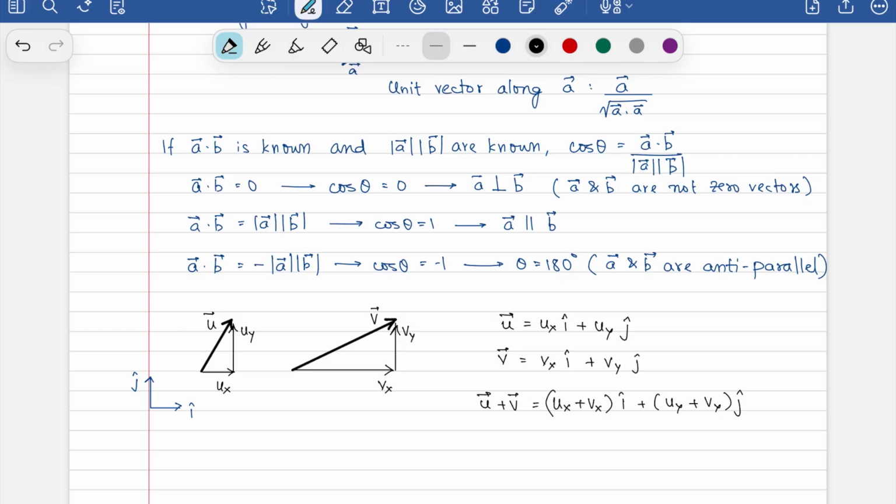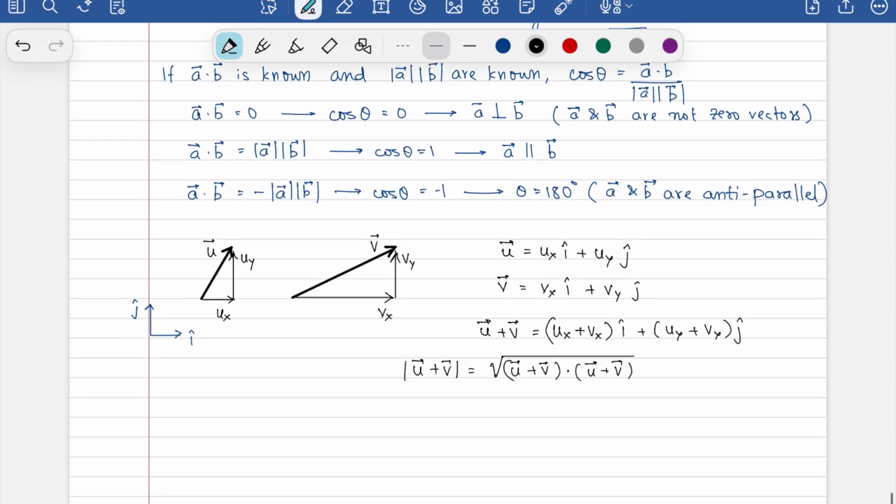And now you can find the magnitude of u vector plus v vector, and you know this is the dot product of these. So it's u vector plus v vector dot with itself, whole thing under root. What happens now?